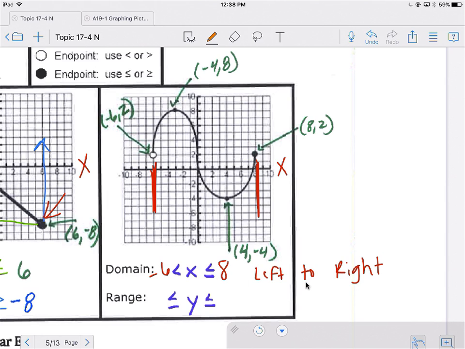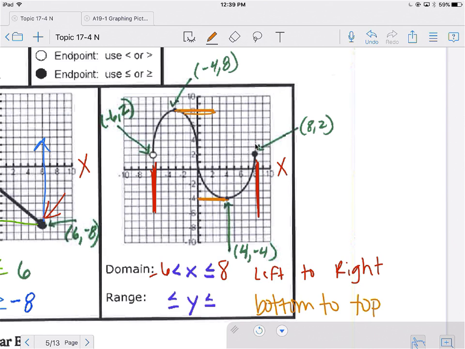Range is your y's. So on your y's, you go bottom to top. So on my y's, I'm down here at negative 4, and then my y's go all the way up to 8.